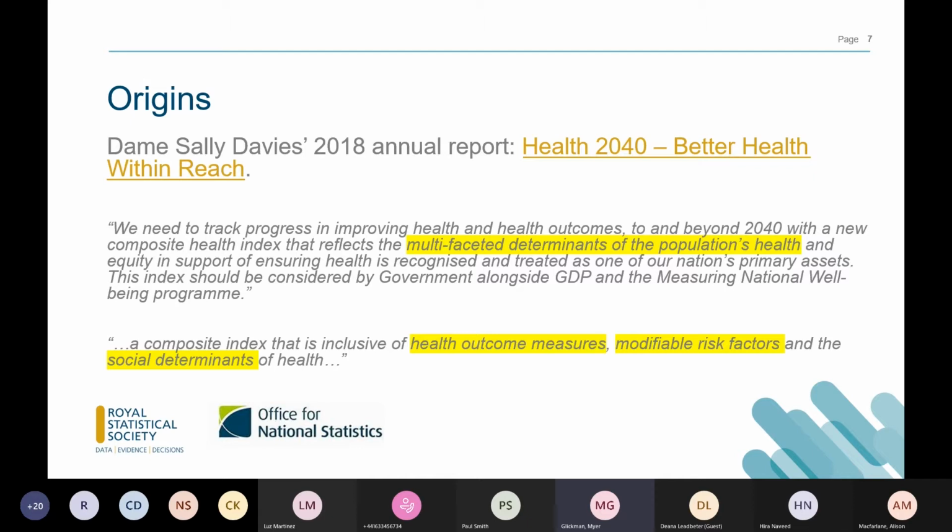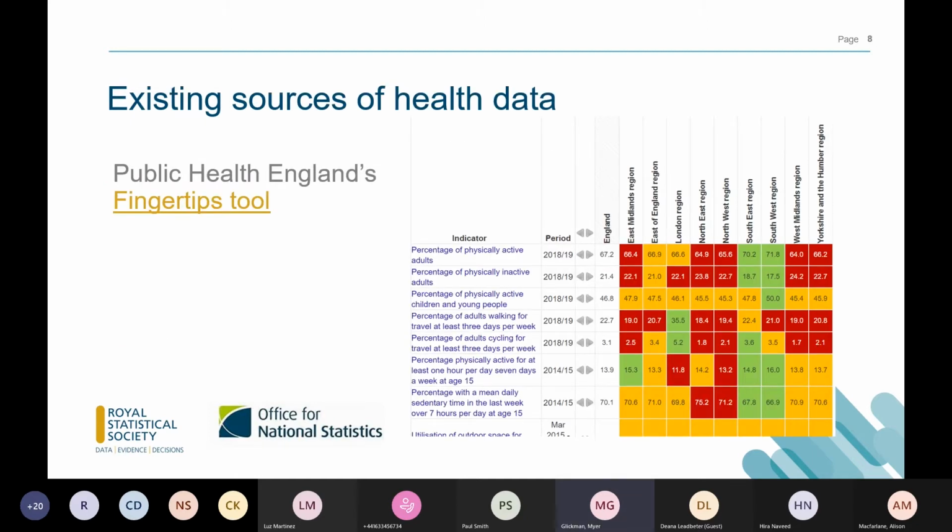And what she said is, we need some kind of new indicator which will track health in a multifaceted way that recognises all the different kinds of determinants, but which will also be a kind of index that will go up and down and people can follow it.